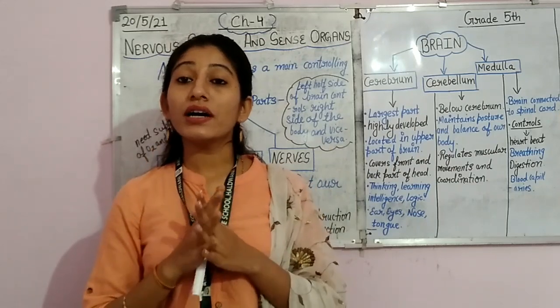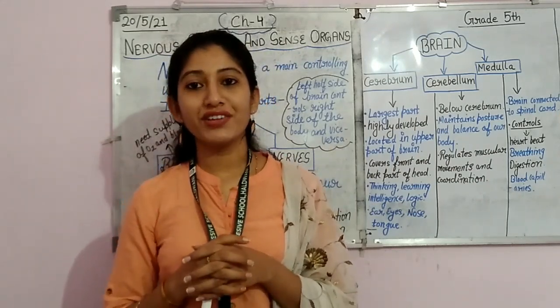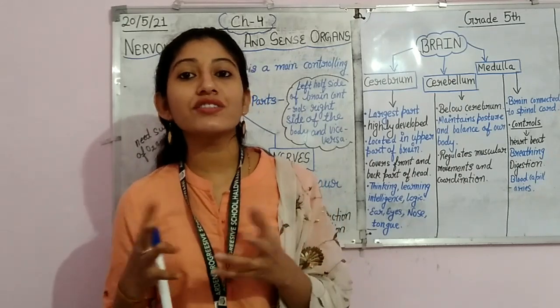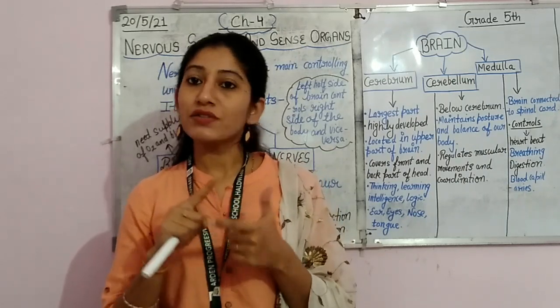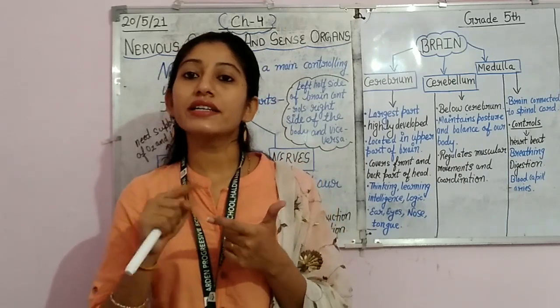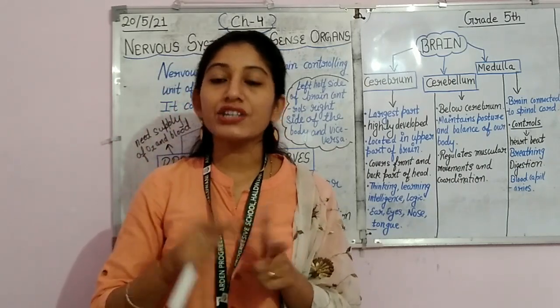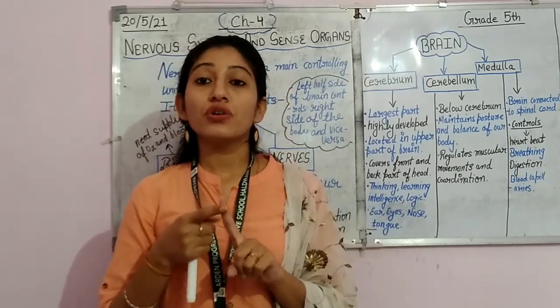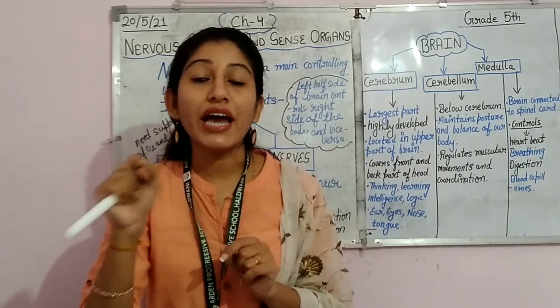Means medulla controls those things which are involuntary actions of our body. Like I told you, we have two types of muscles, voluntary and involuntary, and the actions by those muscles are called voluntary actions and involuntary actions. So the medulla controls involuntary actions.